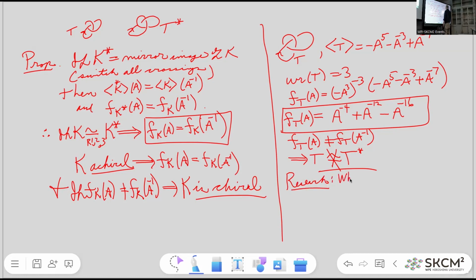When does, you might say, bracket K or F K succeed in seeing chirality?